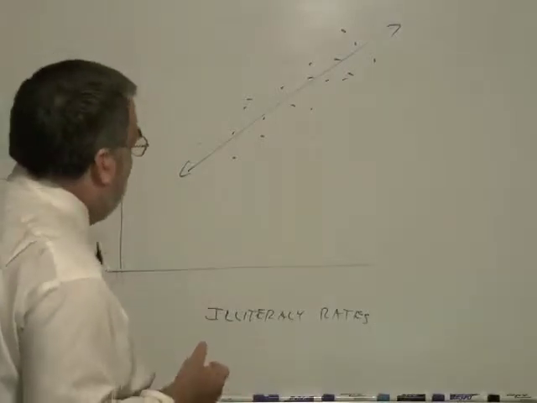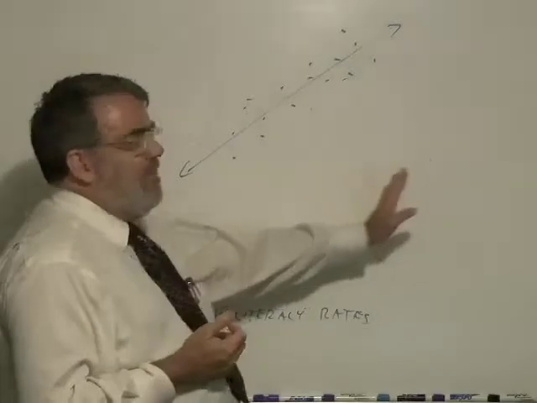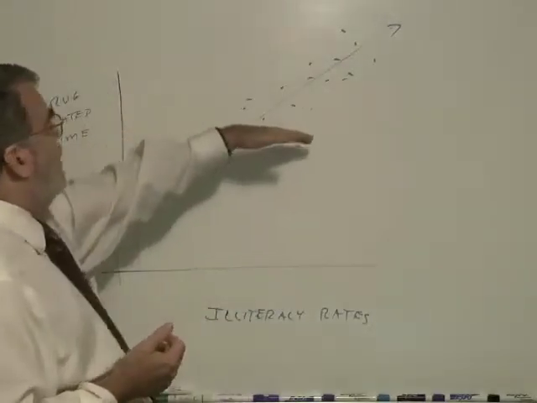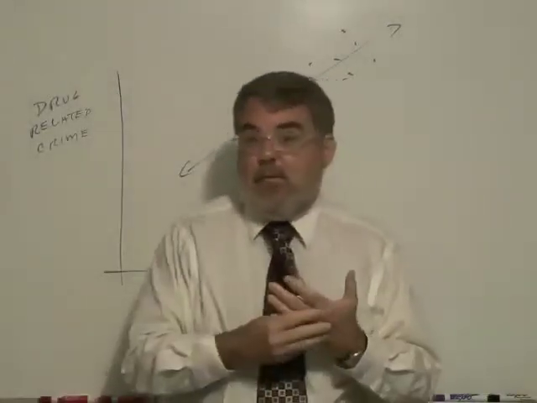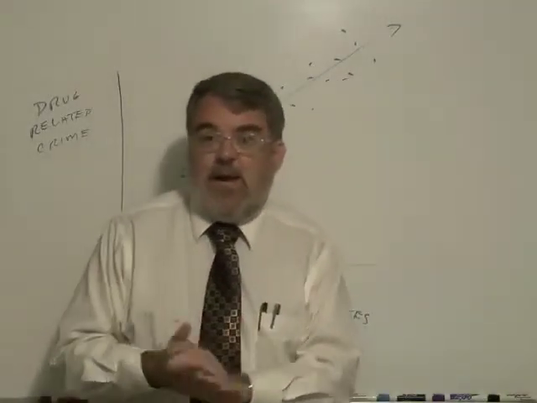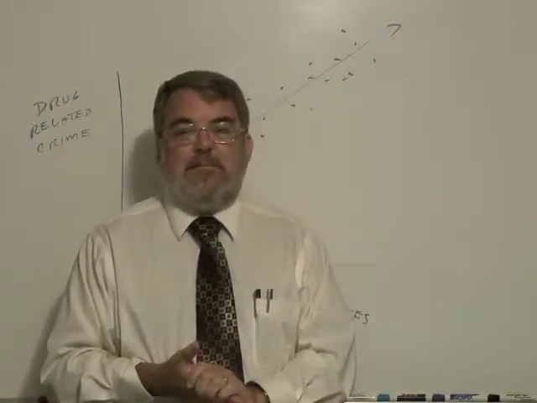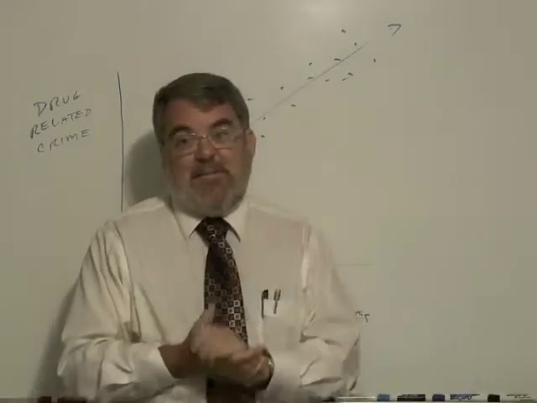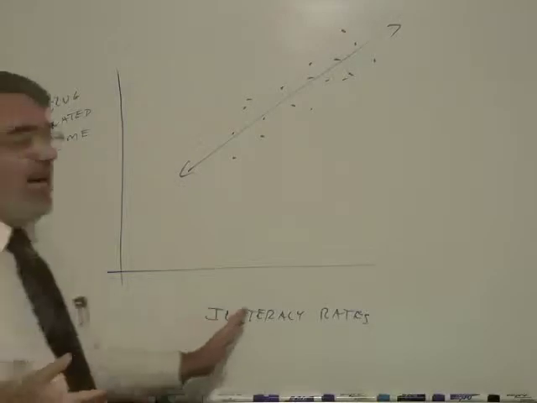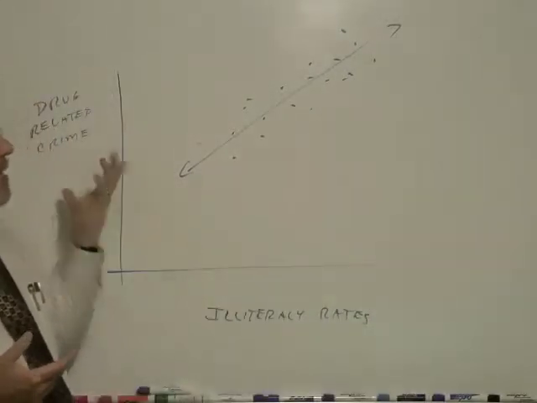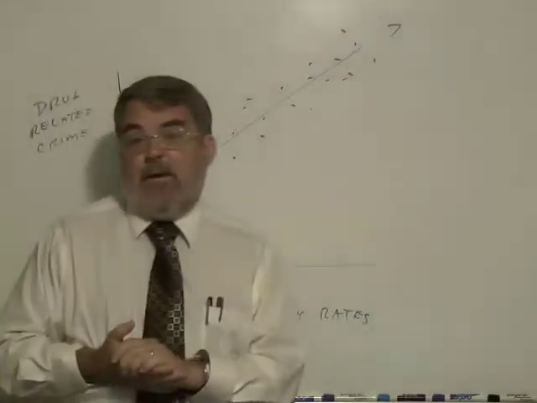Well, you probably look at that and verify the almost obvious, that when there's increased illiteracy rates, you expect drug-related crime to rise. Now that may be a bias on my part and perhaps your part, that that's what's going to happen. We just expect that to happen. Is it really true? I don't know. But this is what I expect to happen, and maybe this is a bias on my part, thinking that the more educated you are, the less likely you are to participate in this kind of activity. So anyway, that would be my expectation.